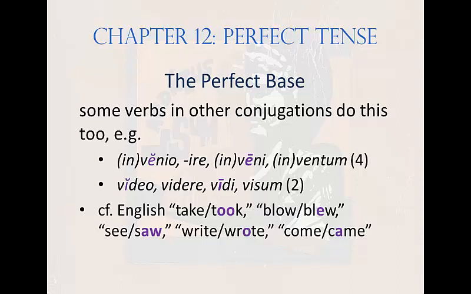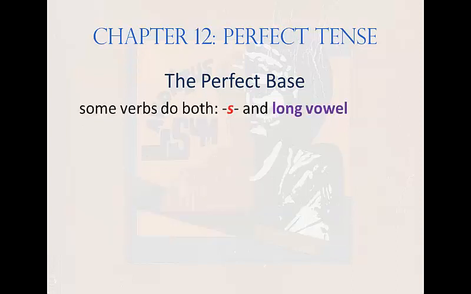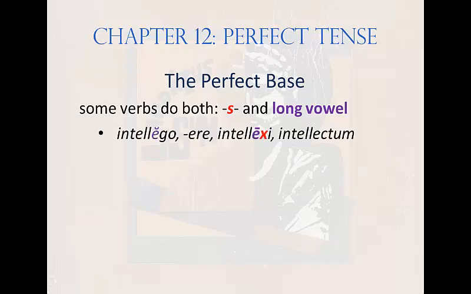No verb that isn't that way could sustain this kind of irregularity. A few verbs follow two of these patterns. For instance, lengthening the internal vowel in the base and adding s, such as intellego, intellegere, intellexi, intellectum, where both the internal vowel e is lengthened and an s is added, which when combined with g produces the letter x.